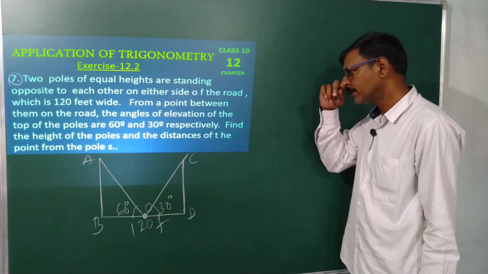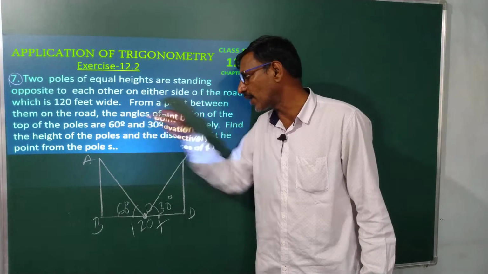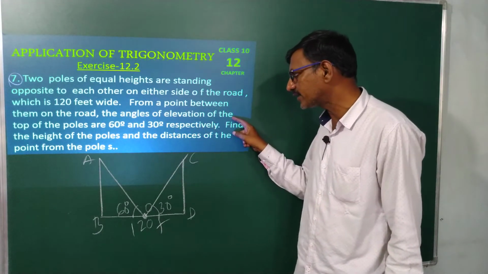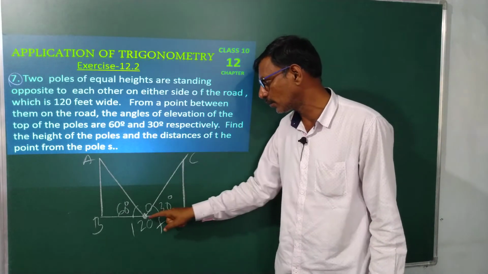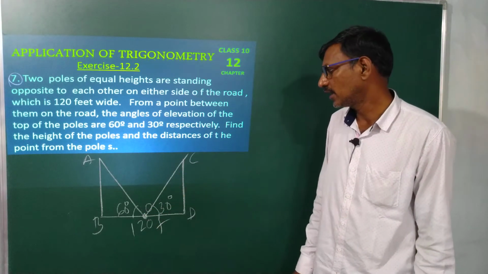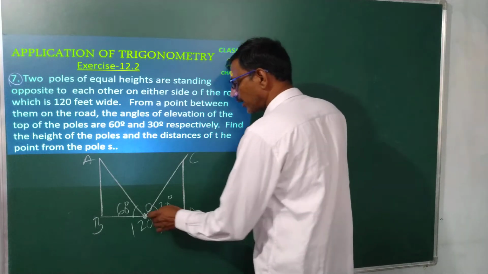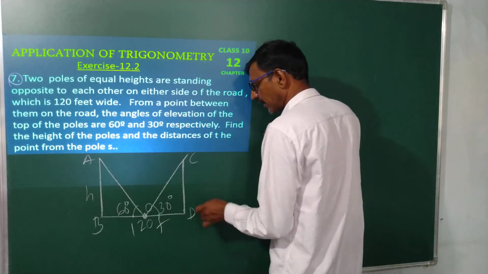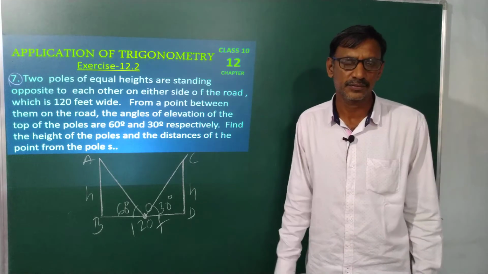Once again I am reading. From a point between them on the road, the angles of elevation of the tops of the poles are 60 degrees and 30 degrees respectively. Find the height of the pole. This is the same height, because the two poles are of equal heights.